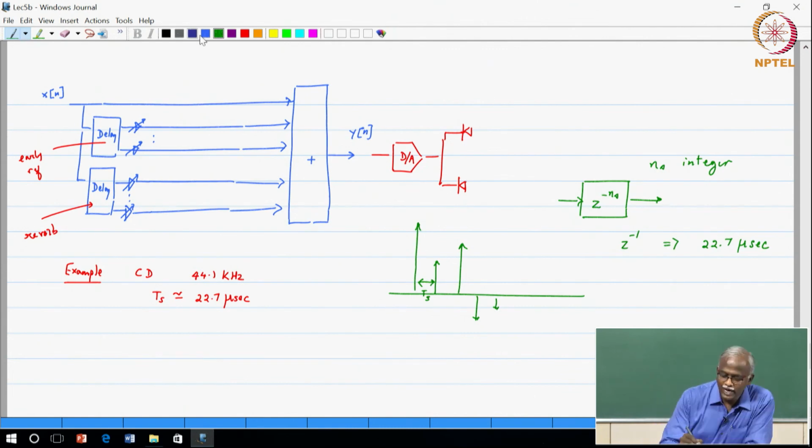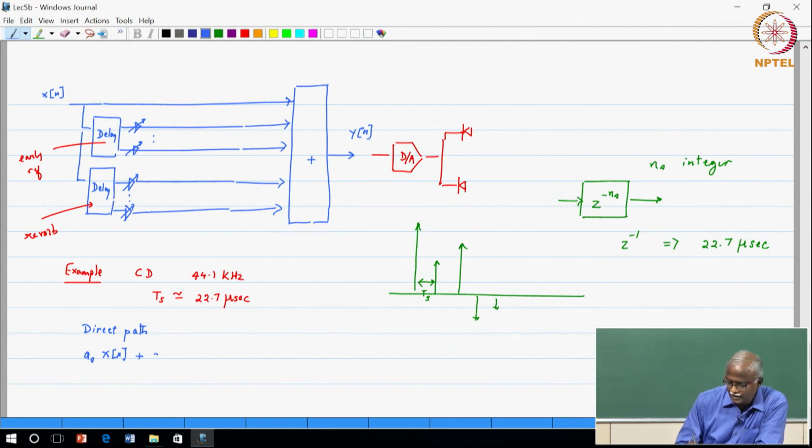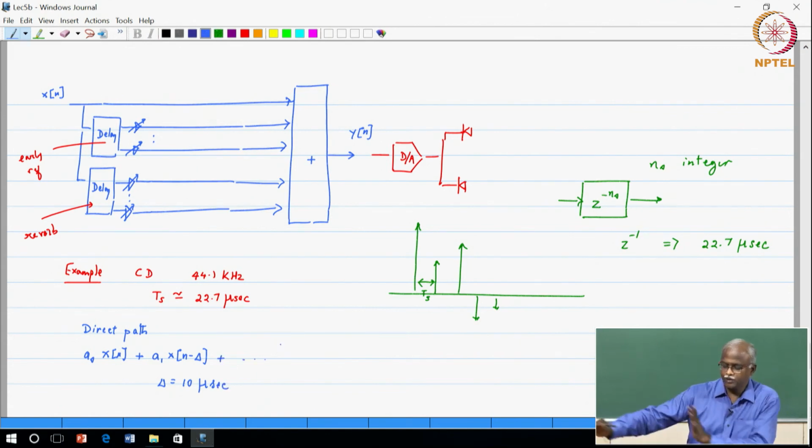Sometimes there are signals that are coming at different delays. As an example, supposing I want to combine the direct path, that would be x of n, let us call that a naught, some scale factor, plus a1 times x of n minus delta, where delta is 10 microseconds. Suppose I just want to combine this, and of course in a concert hall effect there will be several combinations, so I am just taking the case of one.